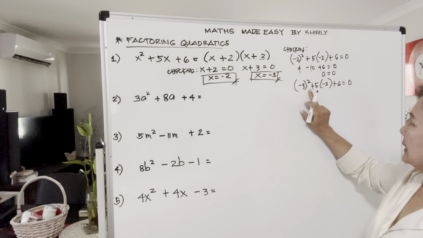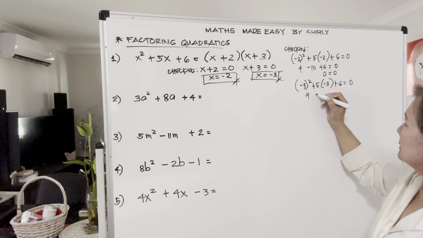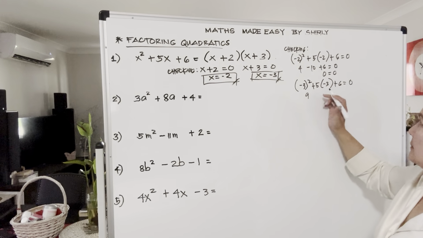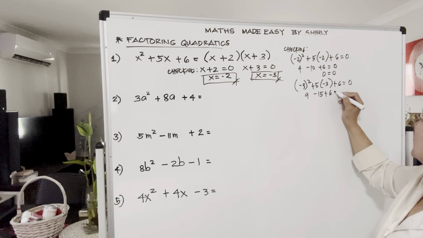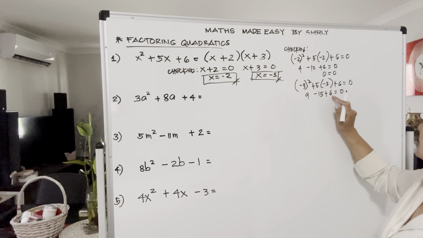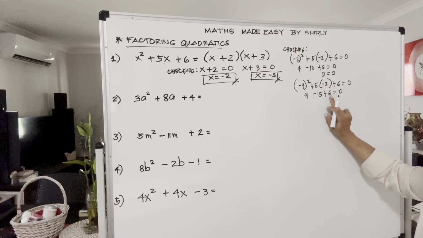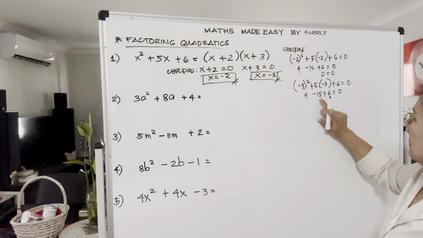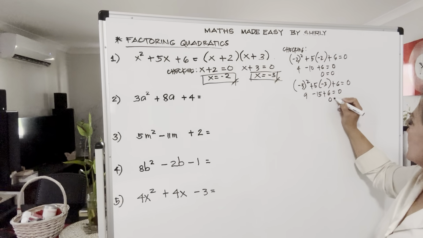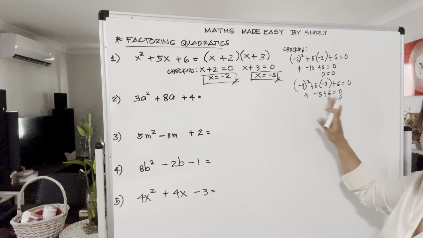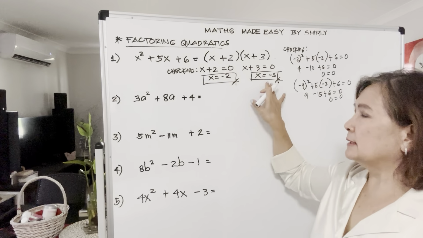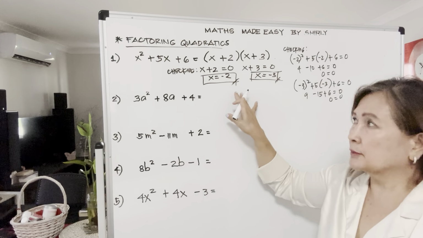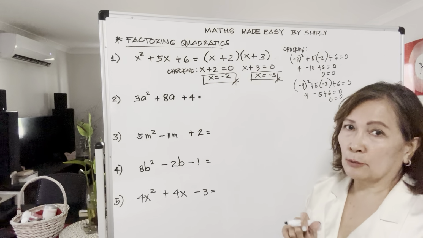Squaring negative 3, that is 9. 5 times negative 3 is negative 15, plus 6 equals 0. 9 plus 6 is 15. Minus 15 is 0. 0 equals 0. So we have proven that these two solutions, or values of x, are both correct for the given equation.